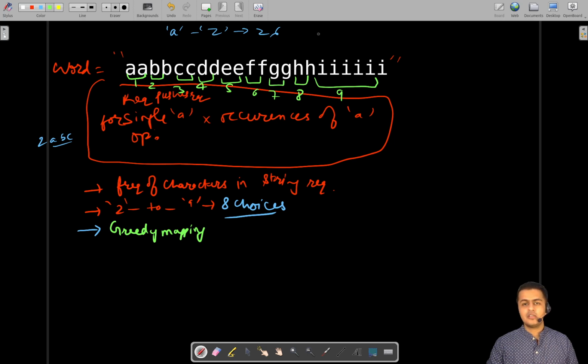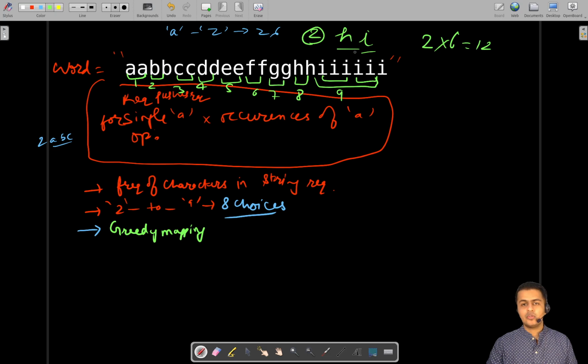Let's say for 2 you are mapping H and I. So in order to get to I, even for a single time, you have to press 2 times. And that will result in 2 into the number of occurrences of I, which was occurring 6 times. So 2 into 6 will be 12.